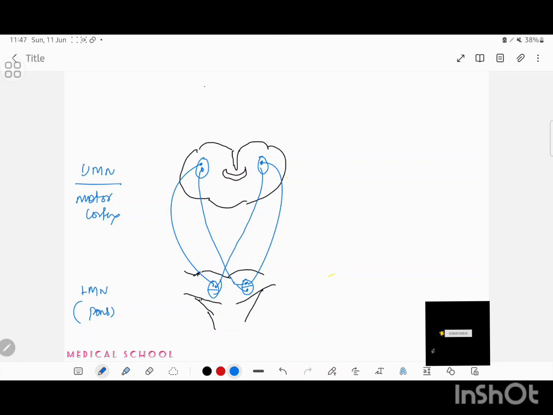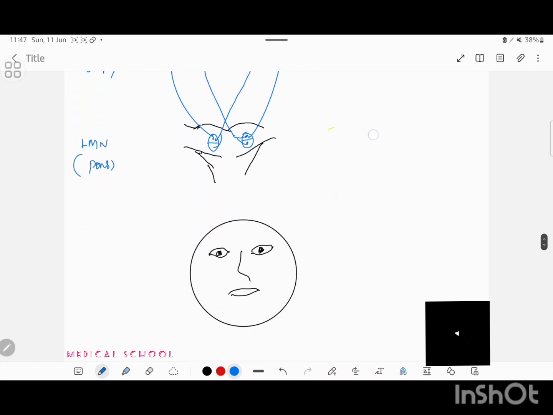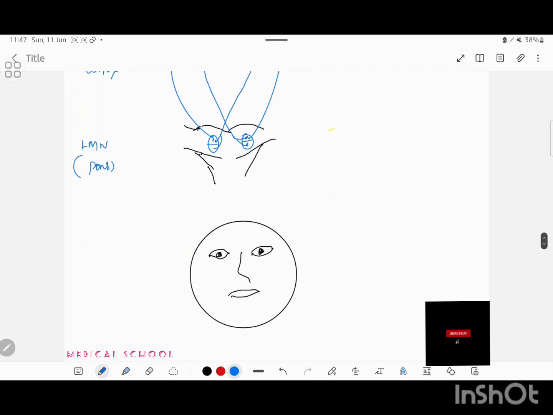Now the LMN supplies the facial muscles. So let's see the arrangement of the fibers of the lower motor neuron. The upper half of the LMN supplies the upper half of the face and the lower half of the LMN supplies the lower half of the face.